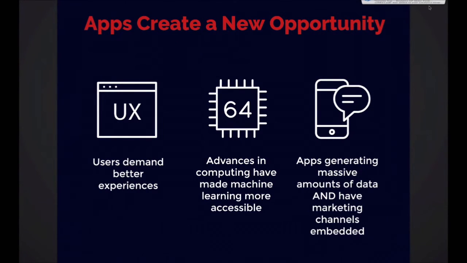Under a true definition of big data, apps are generating massive amounts of data. Every time a user interacts, those interactions accumulate into a huge resource that is all the information you have surrounding your user. But what makes apps really special is that the marketing channels that we talked about are actually embedded in the app.